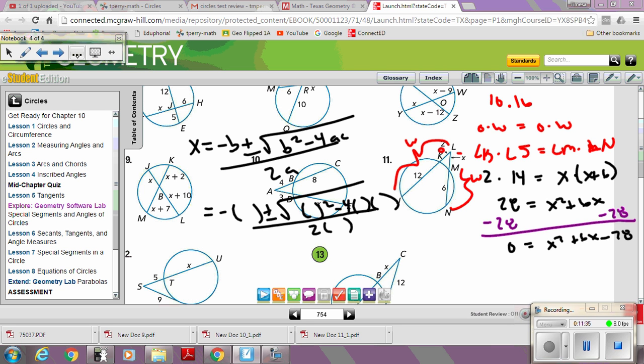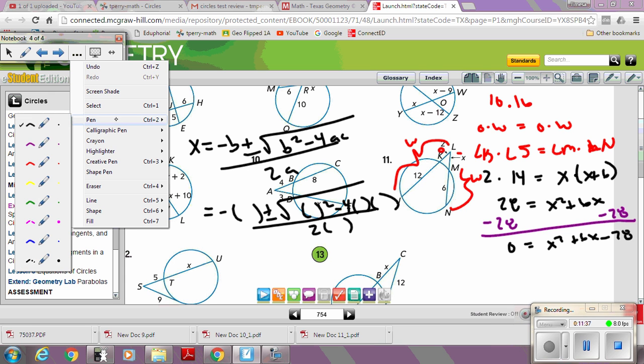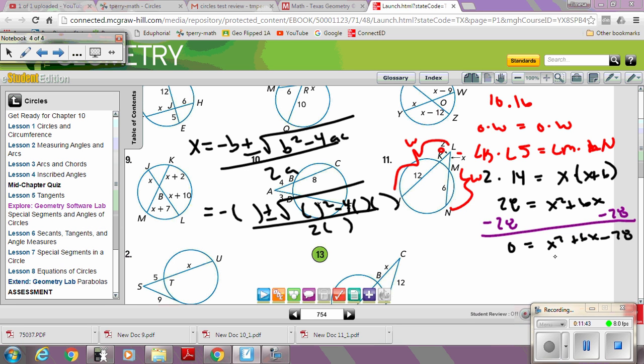Then identify your ABCs. It goes in order from largest to smallest. So A would be 1, B is 6, and C is negative 28.